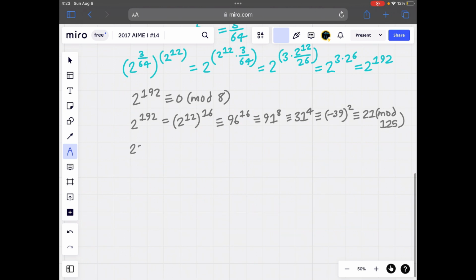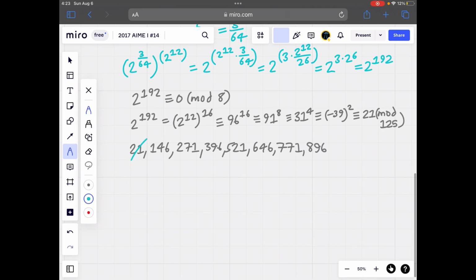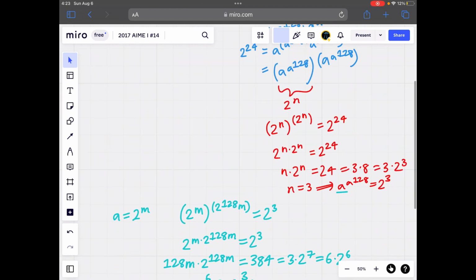So we have 21, 146, 271, 396, 521, 646, 771, and 896. 21 is not a multiple of 8. Neither is 146, 271, or 396, or even 521, 646, or 771. The only valid answer is 896. And that is the remainder when x is divided by 1,000.